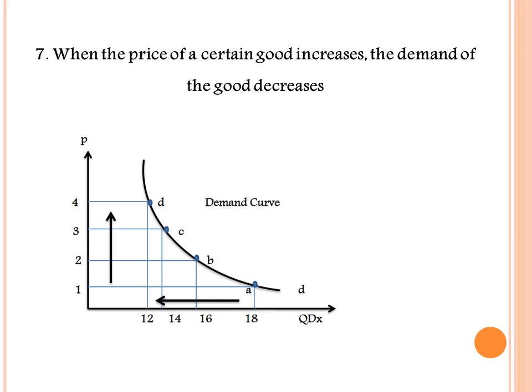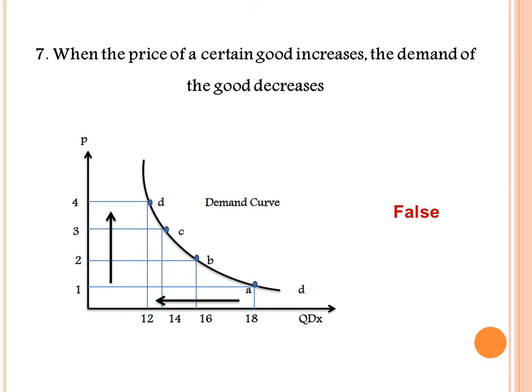Number 7, when the price of a certain good increases, the demand for the good decreases. This sentence is false. Why? Because when the price of a certain good increases, the quantity demanded, not the demand for the good, decreases.